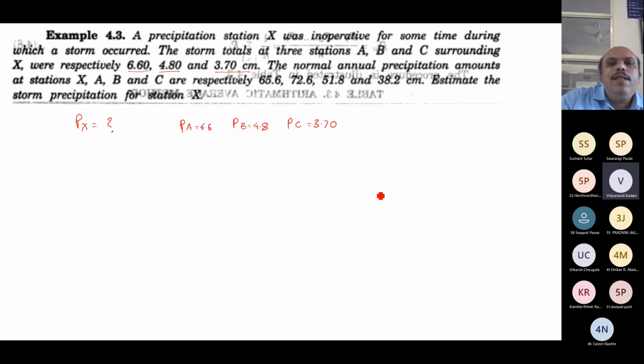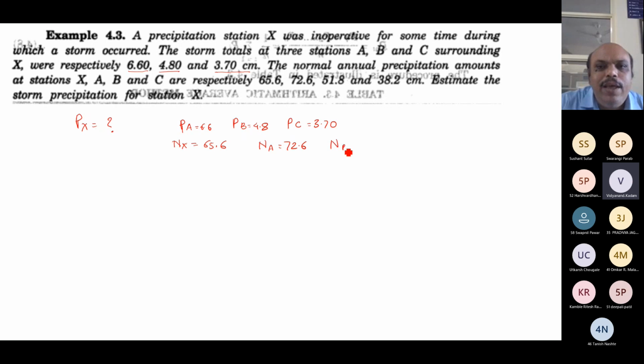Okay, then see the next line. The normal annual precipitation amounts at station X, A, B, C are respectively. Now the normal annual rainfall values are given. It is clearly mentioned that these are the normal annual rainfall values. So at station X it is 65.6. At station A it is 72.6.